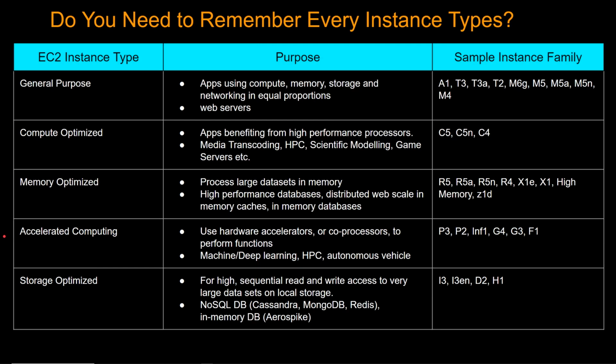Now that we understand what EC2 is, let's take a look at different kinds of EC2 instance types. There are 5 broad categories: general purpose, compute optimized, memory optimized, accelerated computing, and storage optimized. I've given brief descriptions on when you will use what, coupled with some use cases and the sample instance family.